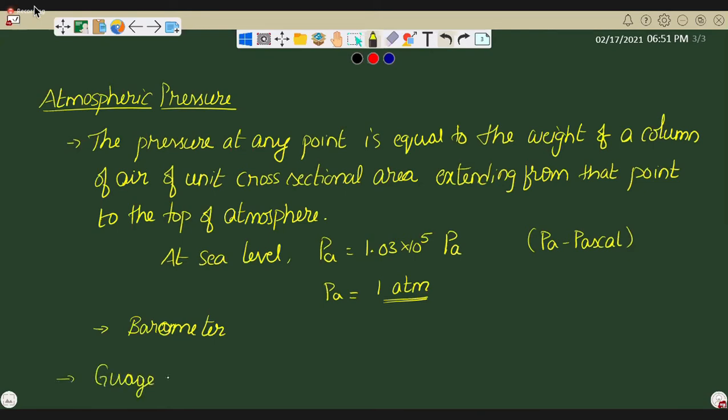What is your gauge pressure formula? P minus P naught is equal to rho g h. This is called your gauge pressure. We measure the gauge pressure by something called a manometer. Understood? Atmosphere, barometer, gauge pressure, manometer.